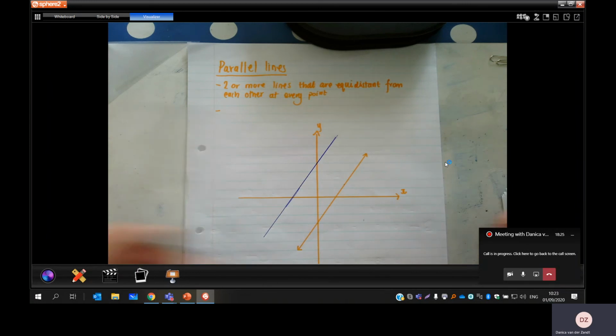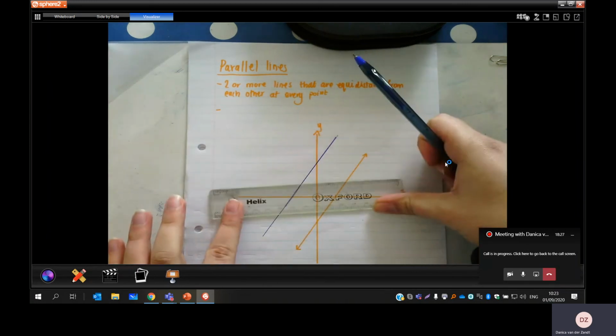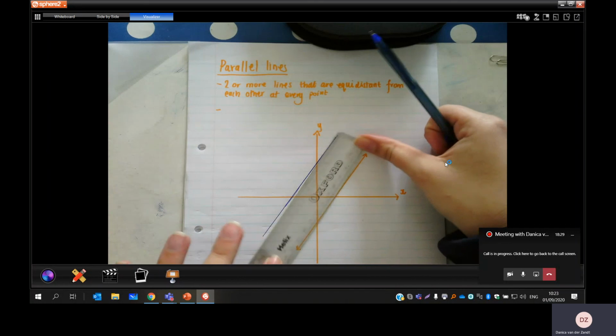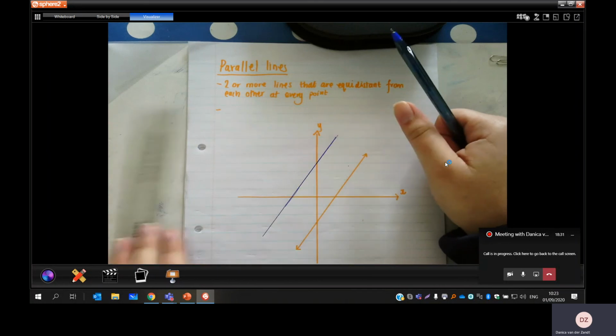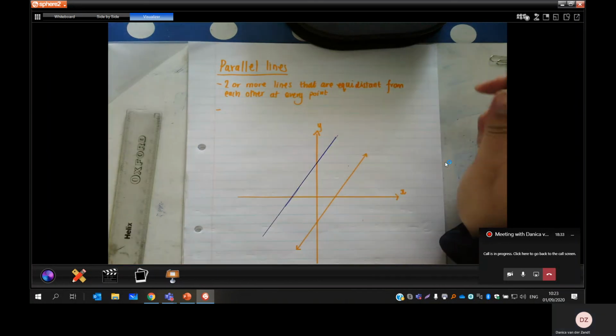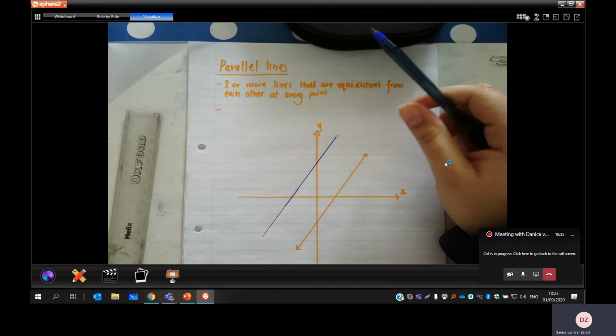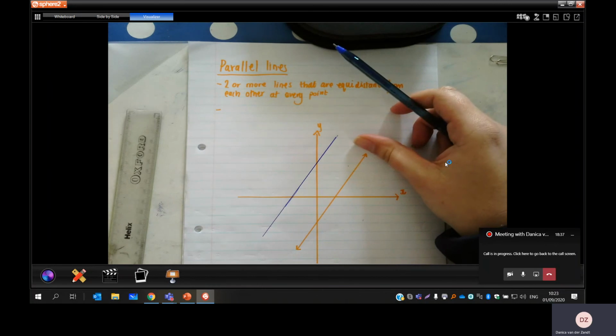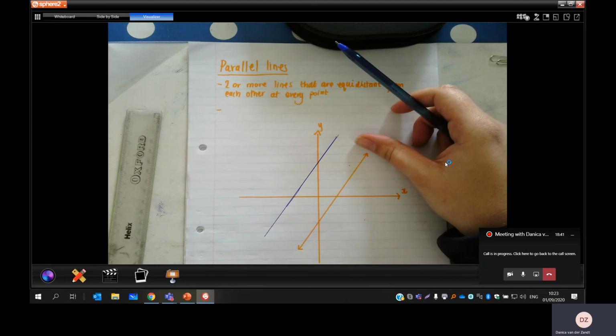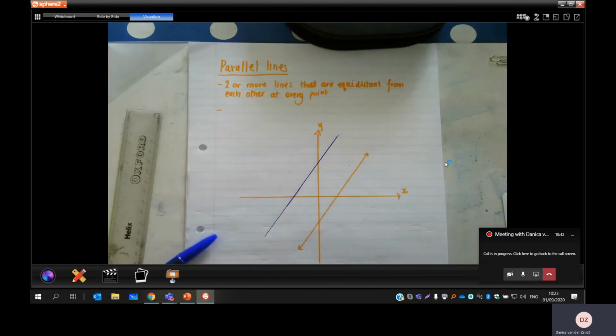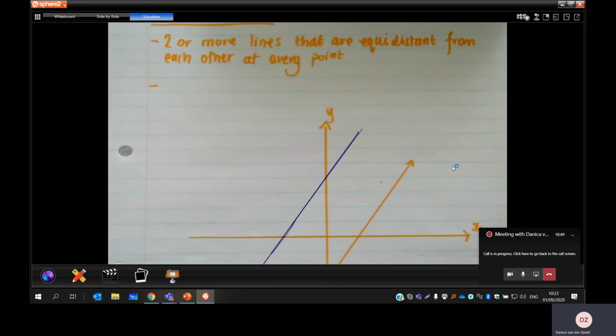It hasn't gone any steeper or any flatter. So my slope is the same. But what determines a slope in a straight line? The gradient. So what can I therefore say about 2 parallel lines? The gradients will be the same. So my first note is that parallel lines have the same slope, and therefore they have the same gradient.